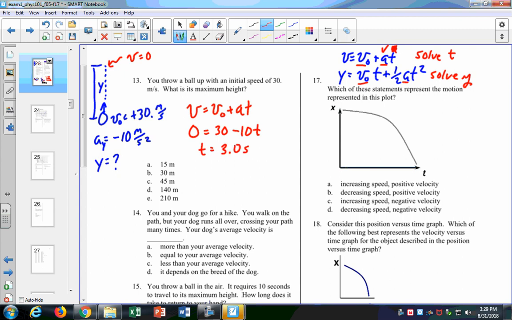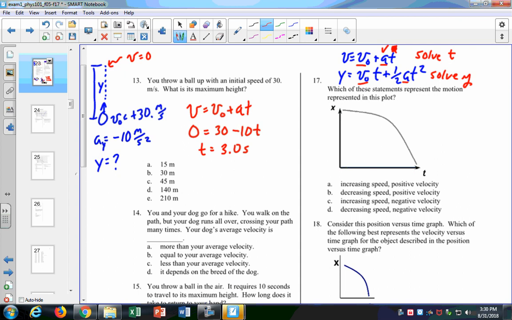It takes 3 seconds to travel upwards, given 30 meters per second. That sort of makes sense, right? Because my acceleration is minus 10 meters per second squared. That means for every second, the velocity changes by 10 meters per second. So if I start at 30, after a second, I'm at 20, then I'm at 10, then I'm at 0. So it takes 3 seconds.